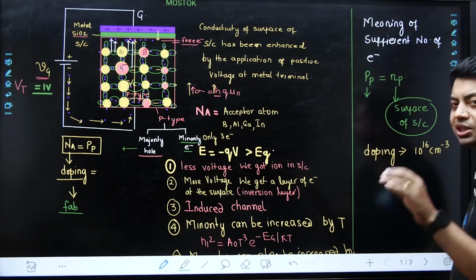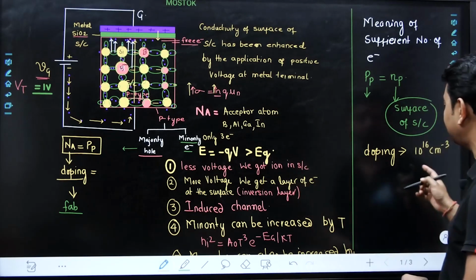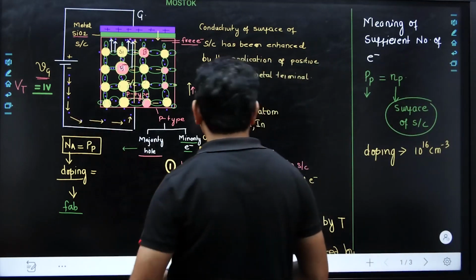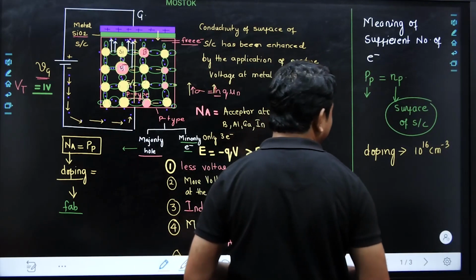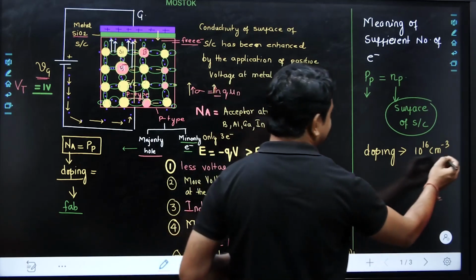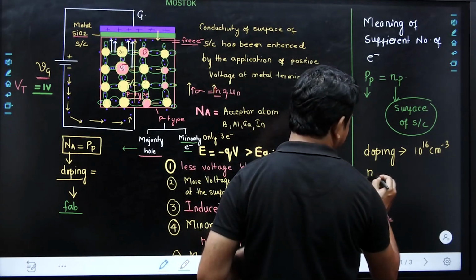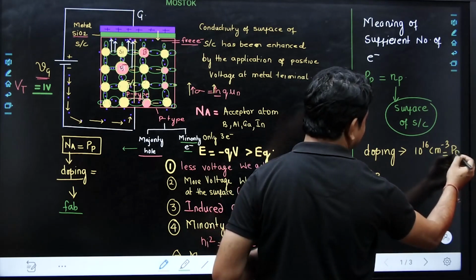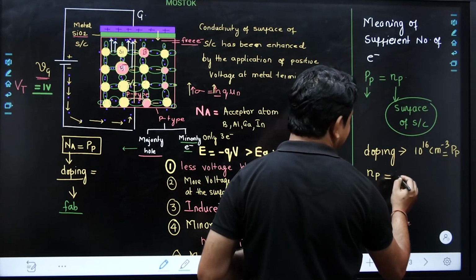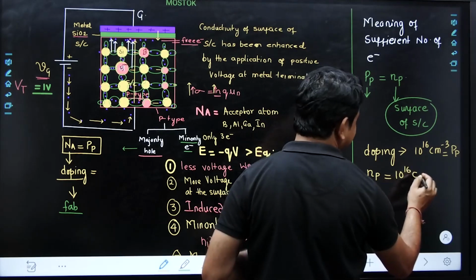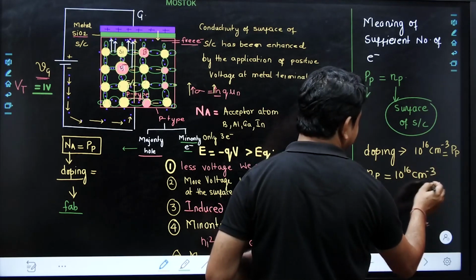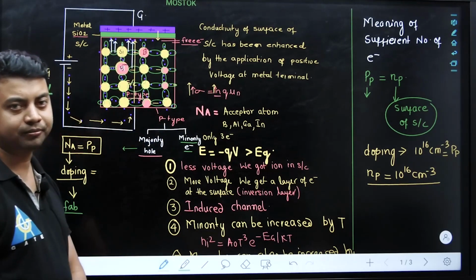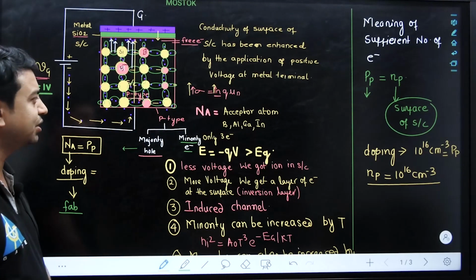That means a small cube of the semiconductor will consist of this one. Then we must apply a voltage, and by this voltage, if you are able to create the concentration of electrons in this p-type semiconductor equal to the concentration of holes, 10 to the power 16 per centimeter cube, then we can say that we just acquired an inversion layer. So that is the meaning of sufficient number of electrons.